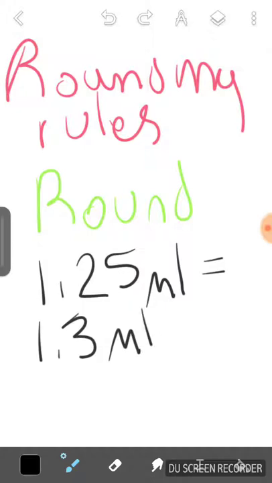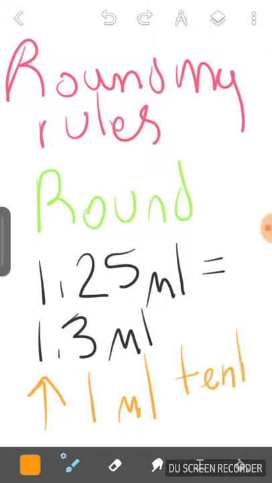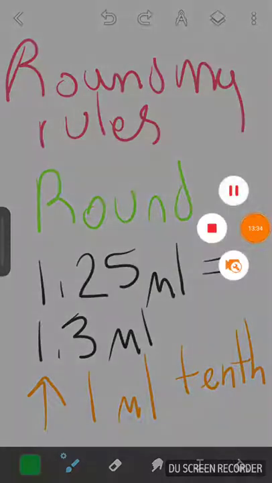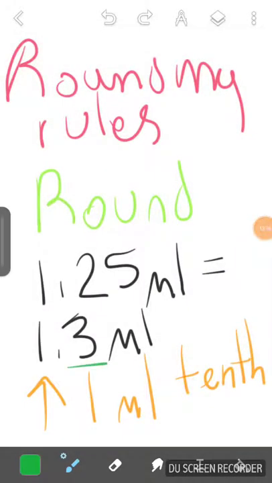So you're going to use a 2 milliliter syringe, and because this number is greater than 1 milliliter, you're going to round to the 10th place. Alright? You round to the 10th place because it's greater than 1 milliliter.